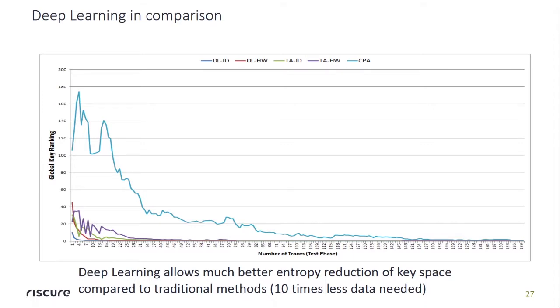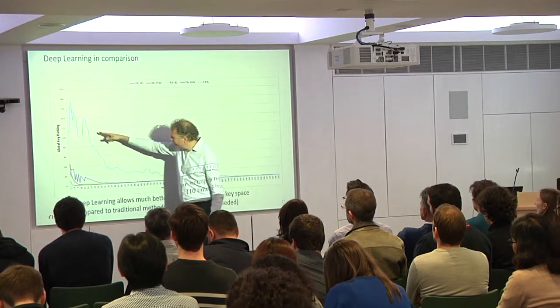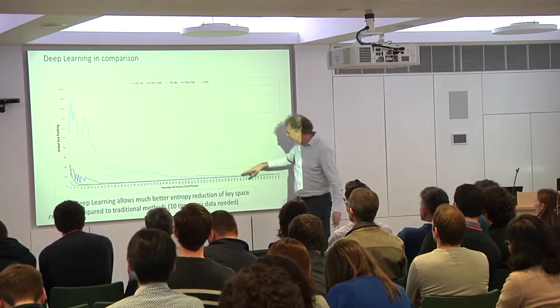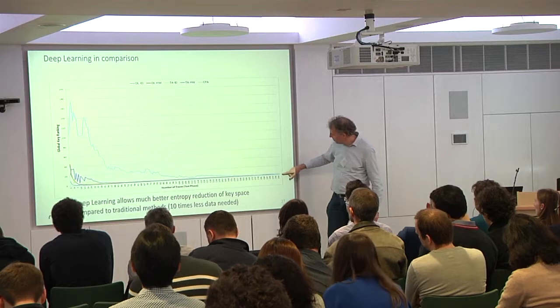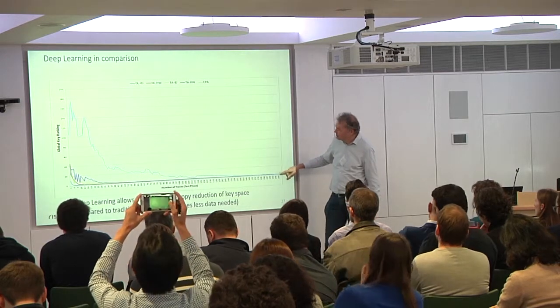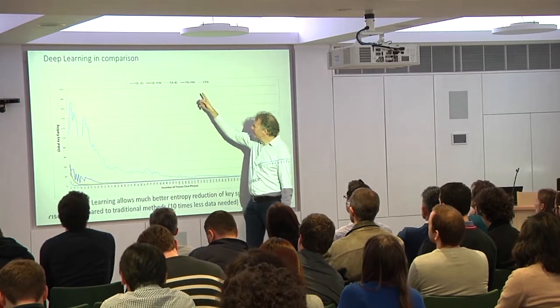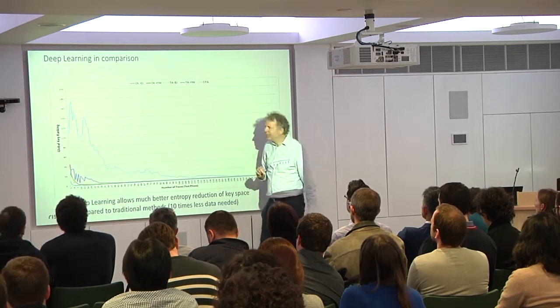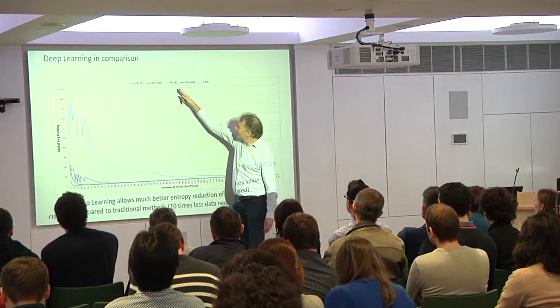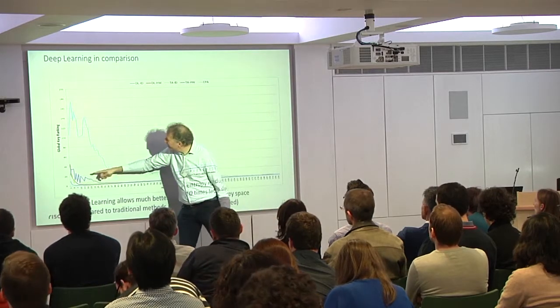Again, starting at 256, it will take quite a few traces before you find the correct value, maybe up to 200. Then a big improvement was made with the so-called template attacks, the dark blue and green graphs you can see here.